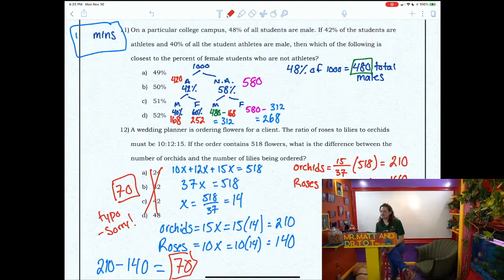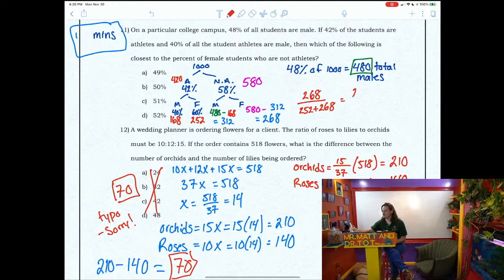The question is asking which of the following is closest to the percent of female students who are not athletes. So we're going to have 268 over 252, the number of athletic females, plus 268, the number of non-athletic females. So 252 plus 268 is going to be 520.